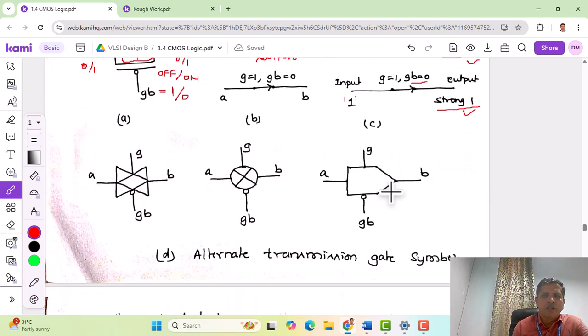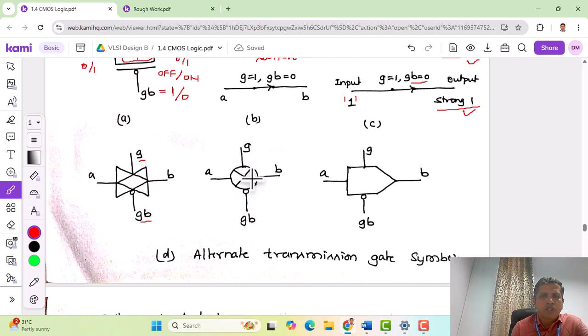Therefore there is no question of degradation here. And here we have alternate symbols for the transmission gate, as we can club the transistors together in a parallel manner and come out with an alternate symbol. So G represents its normal control, GB represents its complement. This is one version of the symbol. Another version is just by drawing a circle with a cross mark. Here normal is shown as a line and complement is shown as a bubble.